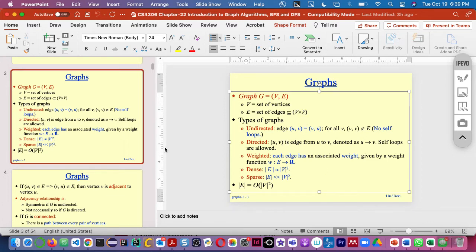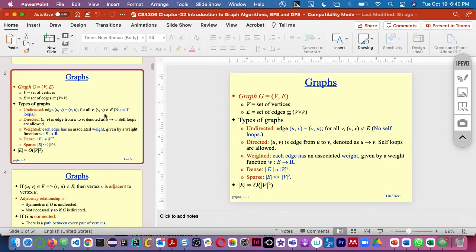Then there is the weighted graph. If there is some weight, cost, profit, loss, or distance, that graph is called a weighted graph. For instance, in a binary search tree, the connection between parent and children is just a link.